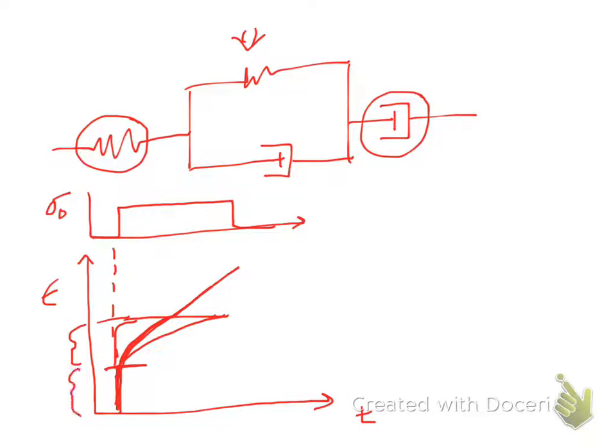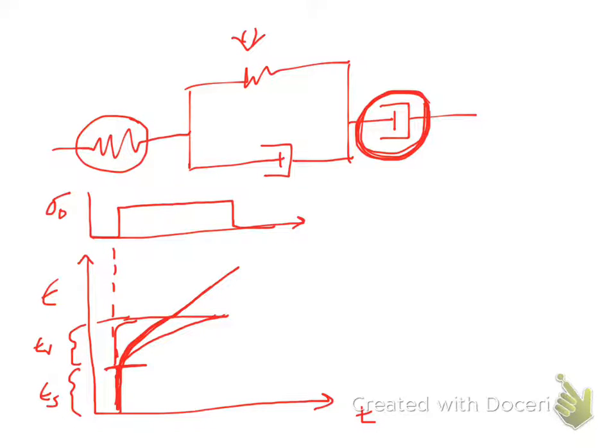So here we have E of the spring, and then here is the E of that Voigt model. And then after this is done, this is going on a bit as well at the same time, but ultimately it will take over because it never ends. As long as the stress is on there, this guy is going to keep going.